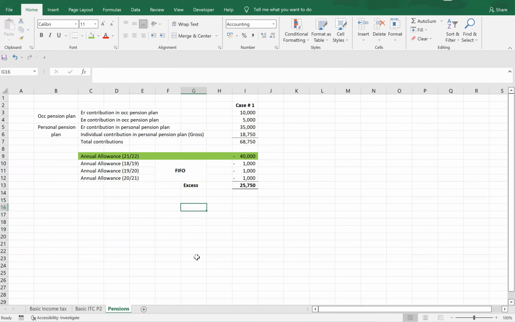I've still got some excess contribution remaining, which is 25,750. Please focus. Okay. 25,750 is the excess contribution which is remaining. I want you guys to please focus over here.